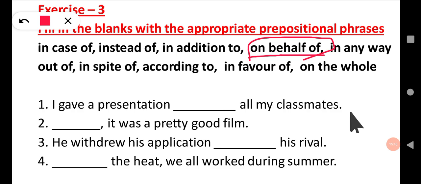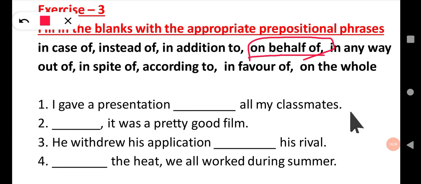Next, second one, it was a pretty good film. Okay, so which one can you use? The answer is in the second one. Out of, it was a pretty good film. In spite of is always followed by that. Remember, always in spite of is followed by that.